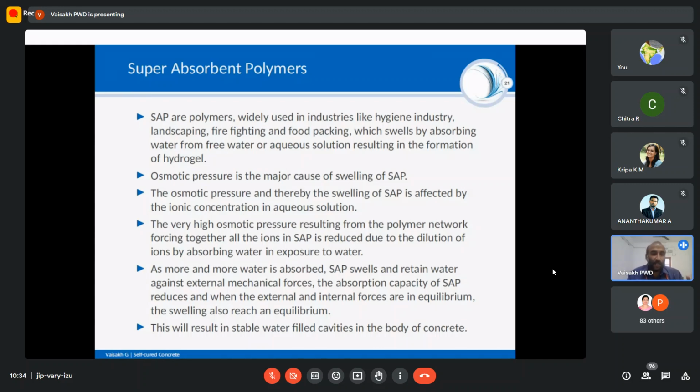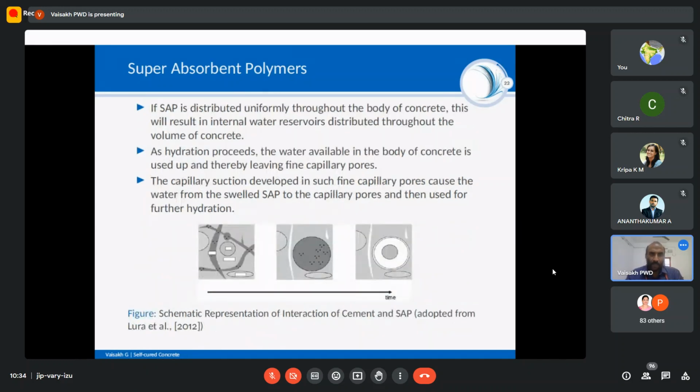That is how it can retain water in the mass of concrete. If SAP is distributed uniformly throughout the body of concrete, this will result in an internal water reservoir distributed throughout the volume of concrete. Very, very simple. If you can distribute SAP uniformly throughout the body, then the reservoirs also will be distributed throughout the volume of the concrete.